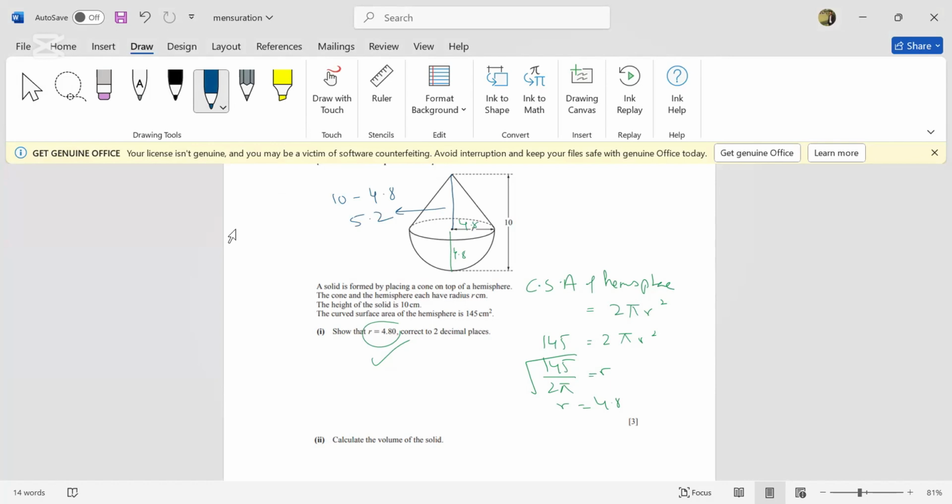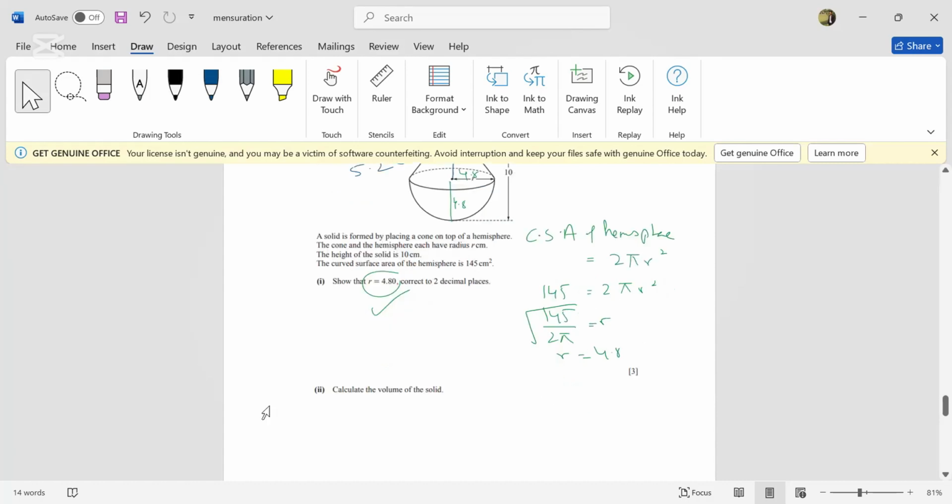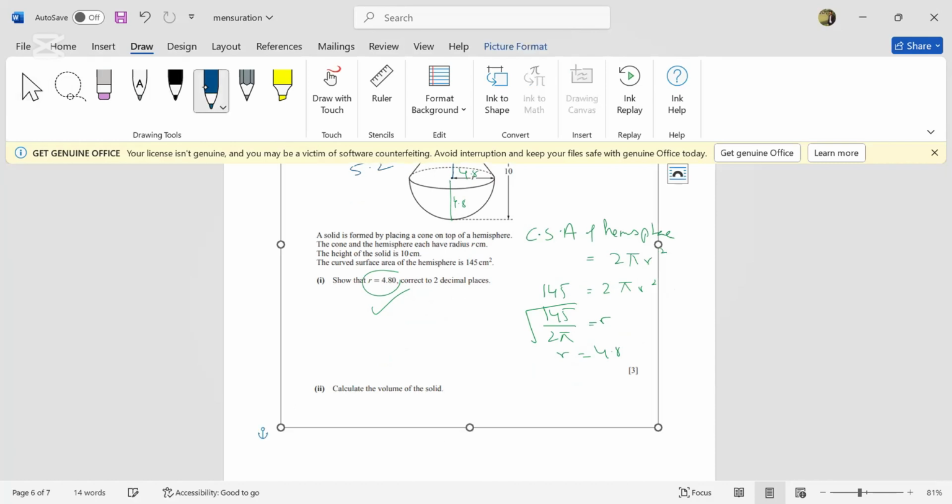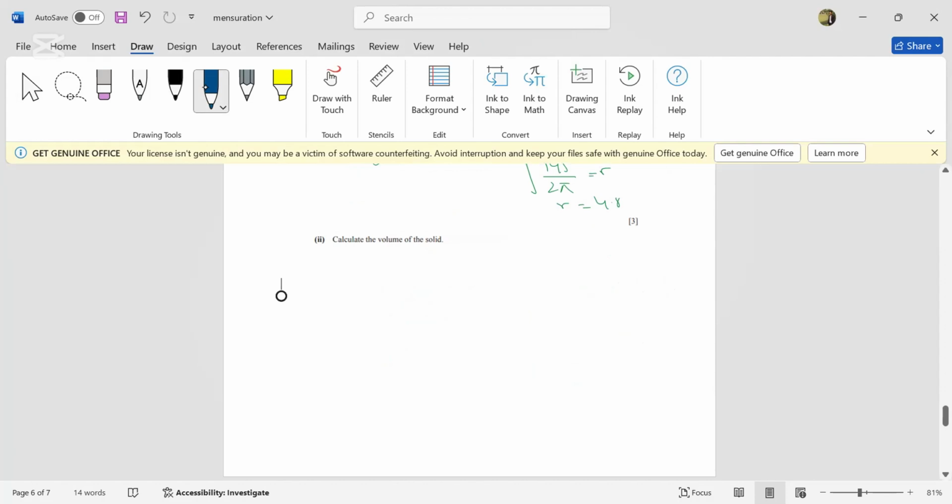Okay. Let's come to the formula for the volume of the cone plus the hemisphere. Both formulas are given to us.